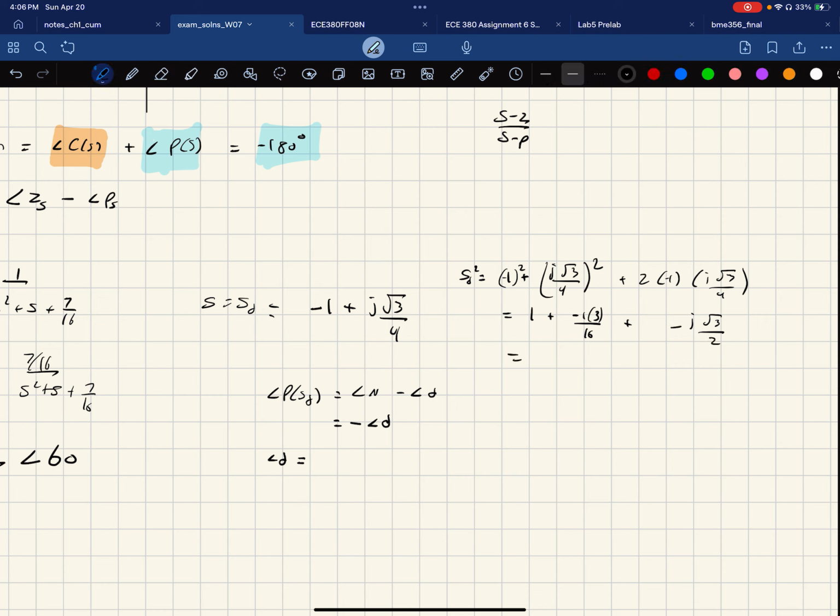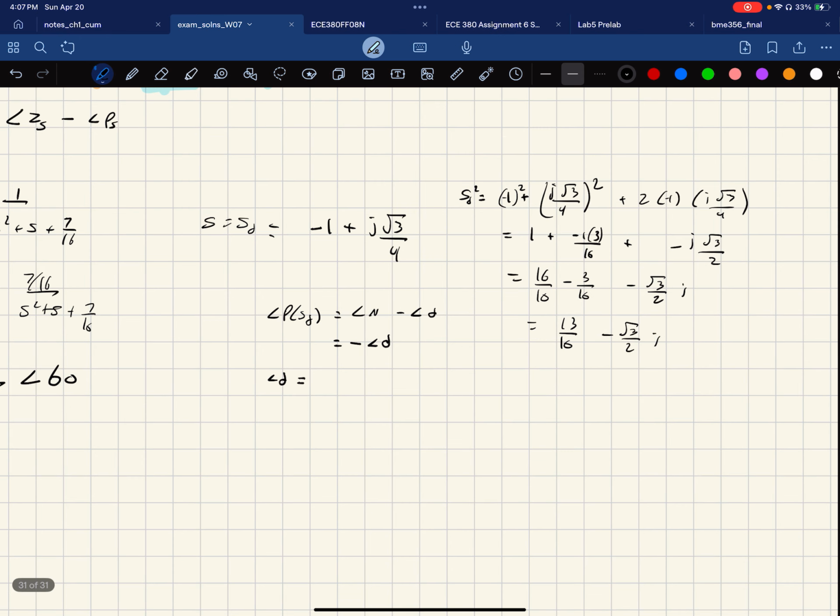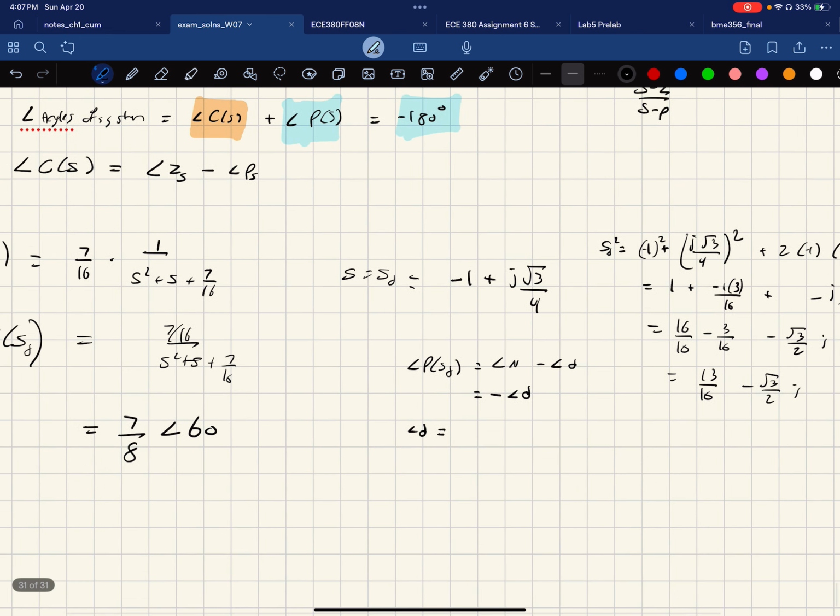And this is 16 over 16 minus 3 over 16 minus root 3 over 2 j. And 16 minus 3 is 13, so 13 over 16 minus root 3 over 2 j.